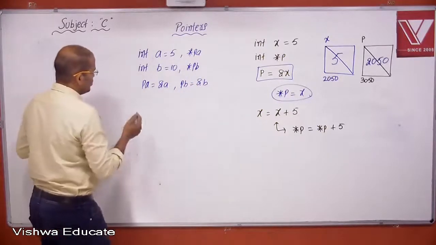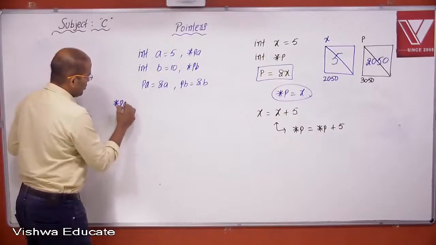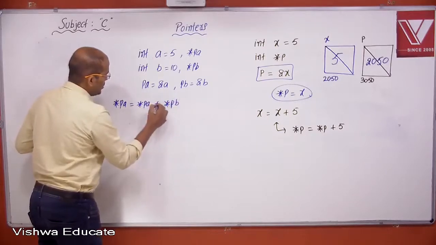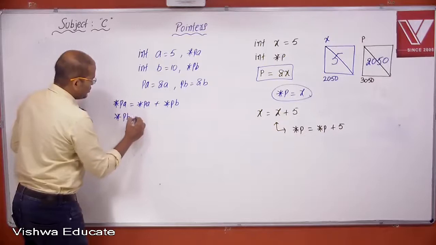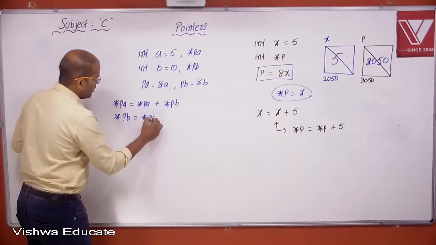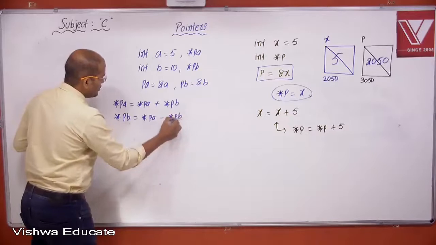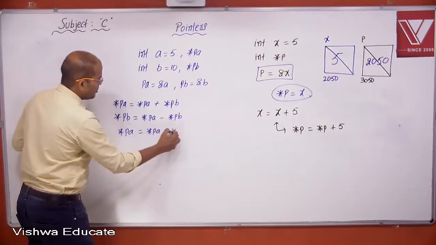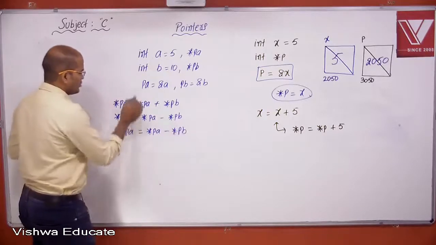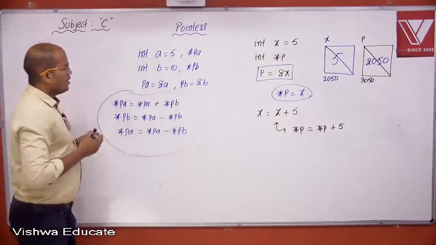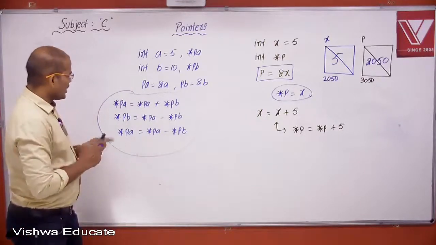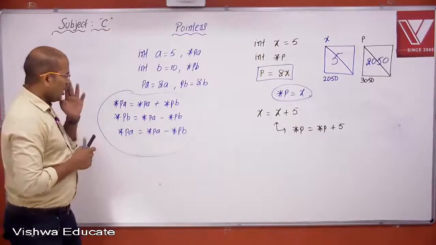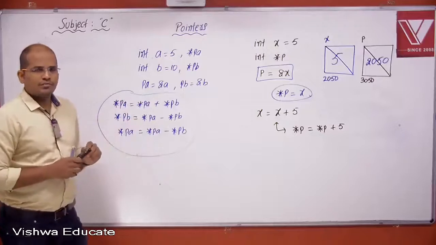Then I got a code like this: pointer pa is pointer pa plus pointer pb, and pointer pb is equal to pointer pa minus pointer pb, and pointer pa is equal to pointer pa minus pointer pb. So for a regular student, seeing this type of code seems a little weird, isn't it? All pointers involved. Then how to solve this code without getting confused?